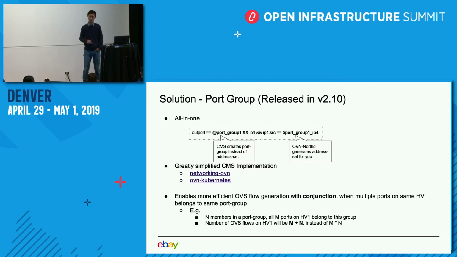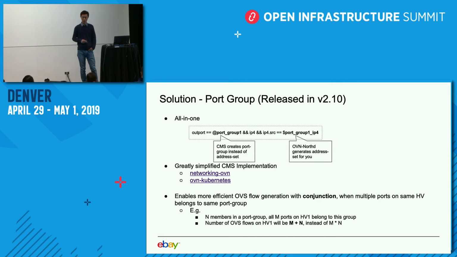The task for the CMS is only to create this port group with the ports, and the addresses of the ports are already defined in the ports themselves. There are two related links, one of them written by Daniel from Red Hat. Thank you.